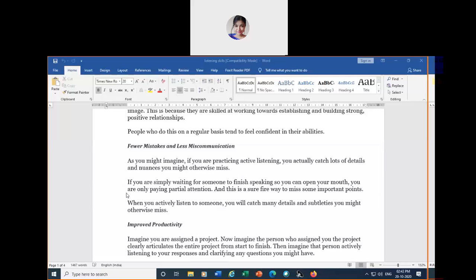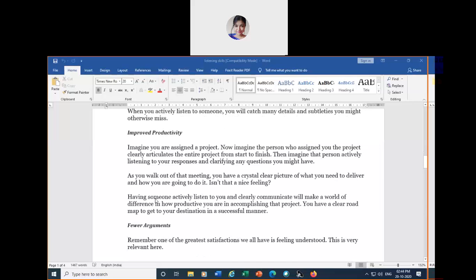When you get all the necessary information, you will not have any kind of doubts, you will not make any kind of mistakes, and there won't be any arguments or miscommunication. So that is why active listening is very important.